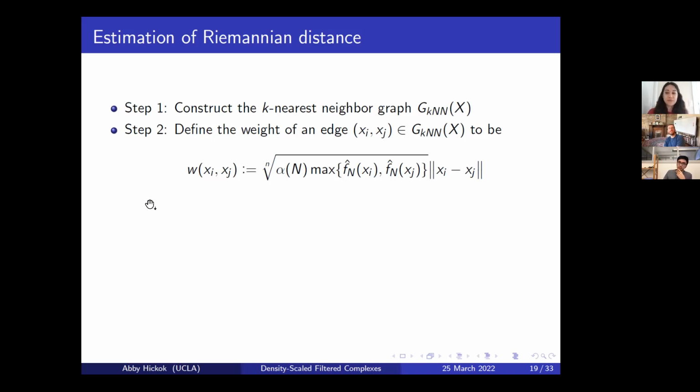Okay. Abby, I have a question. When you introduced this G tilde before, you had some exponents of 2. You were looking at alpha n squared and f squared. So where have the squares gone here in this estimate? Oh yeah. This is sort of related to Justin's question at the beginning.